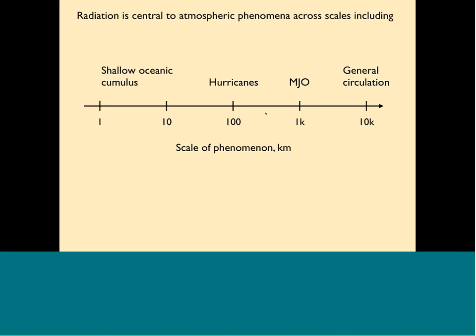It's implicated in the development of shallow cumulus, even, because it provides clear air radiative cooling at the top of the moist layer, which provides a source of buoyancy for the development of shallow cumulus. So really the point here is only that radiation is involved in weather phenomena across a range of scales, from essentially the planetary to the shallow boundary layer.